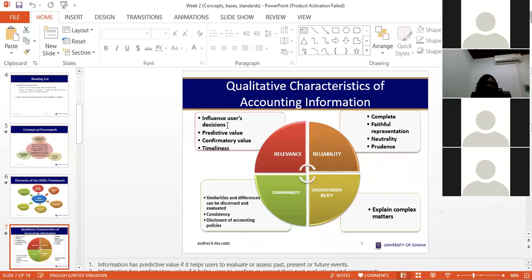Finally, to be relevant, that information must come on time. Okay, so we are in 2021. Around this time, most businesses are bringing out their financial information if their year end is December 2020. The question is, is it timely?